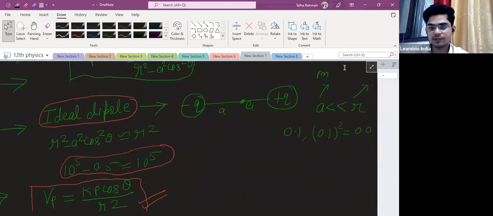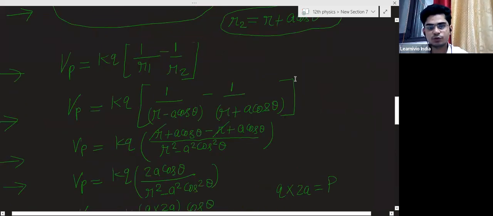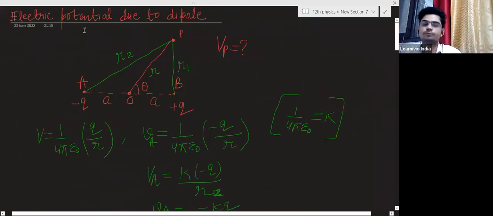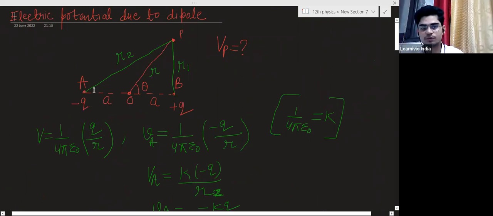Okay, we have 5 more minutes, so in these minutes I am reviewing what I have taught you. We have calculated the electric potential due to a dipole. This is a dipole, and we calculated the electric potential at point P, at angle theta and at a distance r from the center.